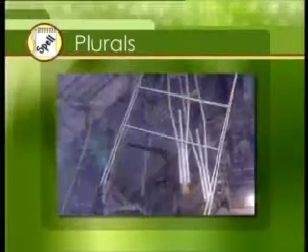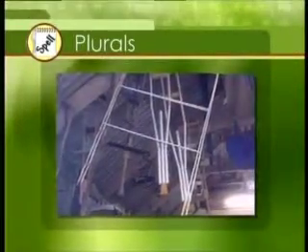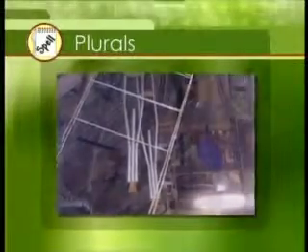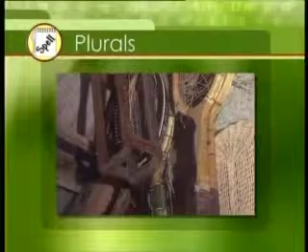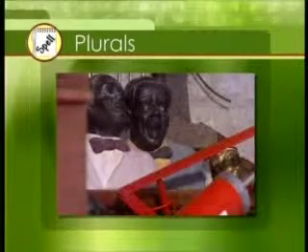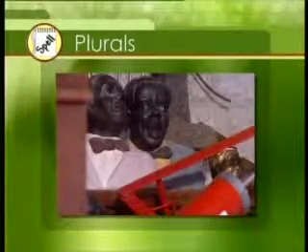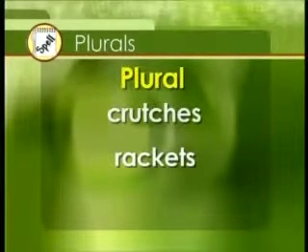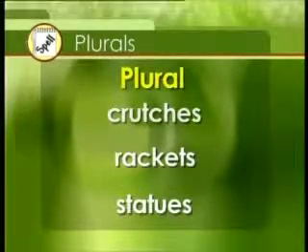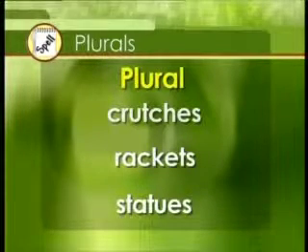For example, there are 4 crutches hanging from the roof, 3 tennis rackets hanging on the wall, and 2 statues on the shelf. The words crutches, rackets, and statues are plural forms of nouns.